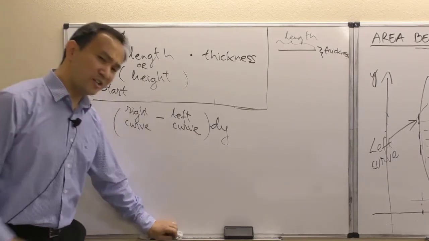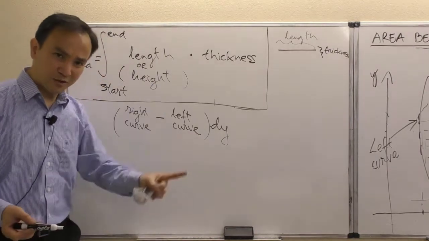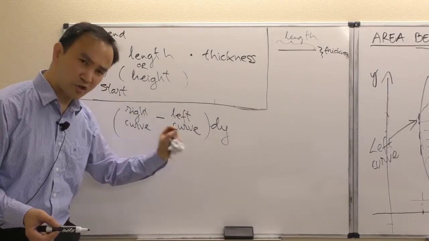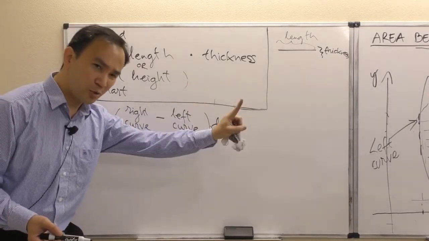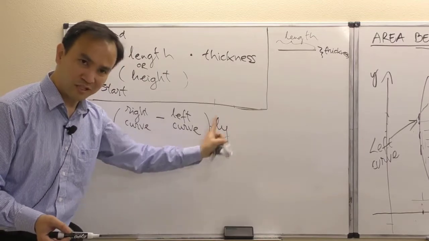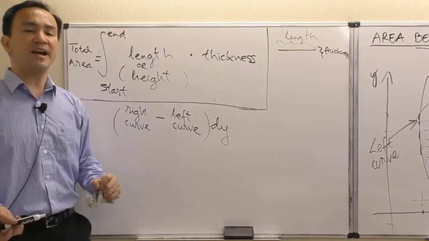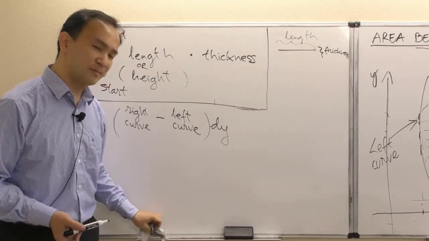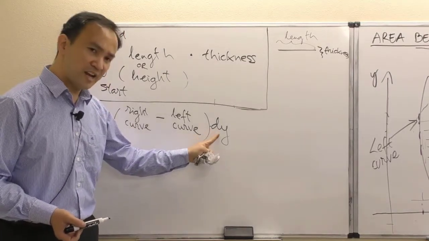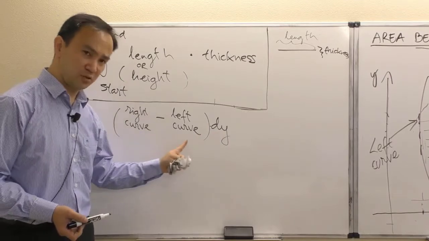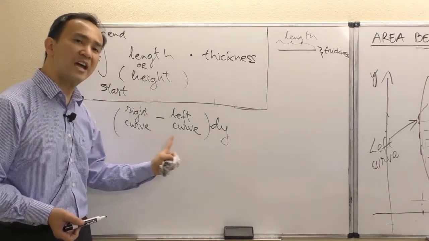That's how to get the length of any stripe at any instance. Just like I explained earlier when we were using vertical stripes, now since our stripes are horizontal, the d expression has to be a dy. From our earlier discussion about integrals, the d expression has to always be consistent with the main variable driving these curves.